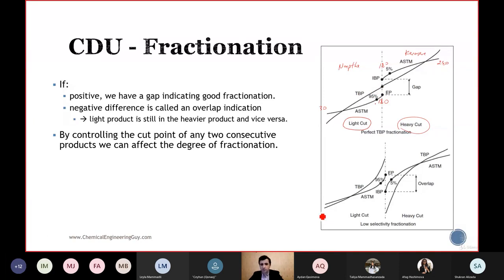What we have is 30 here, 185 here, 175 here, and 245 here. Then you can see that in naphtha, we have kerosene left. The gap between 185 and 180 is kerosene.